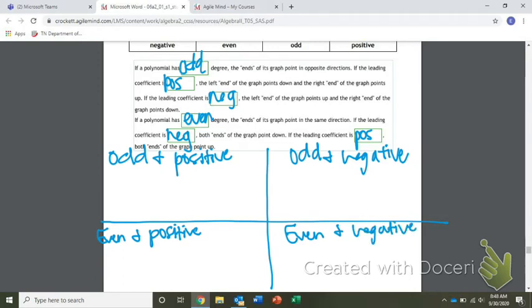Okay? So, for the first one, when the degree is odd and the leading coefficient is positive, it says the left end of the graph points down and the right end of the graph points up. So, I'm drawing me a graph. The left end points down and the right end points up.